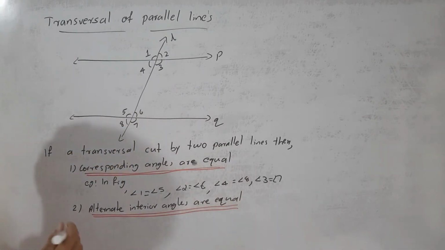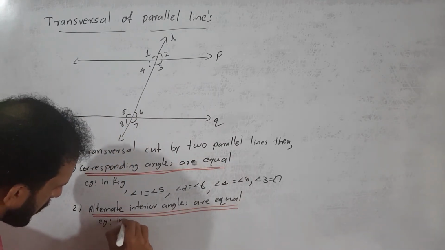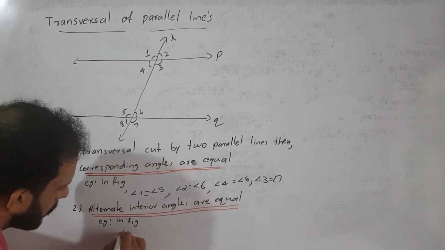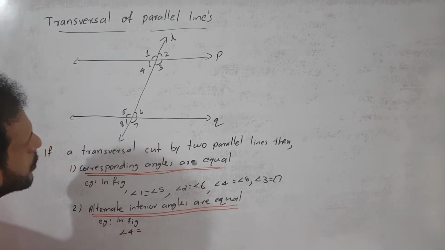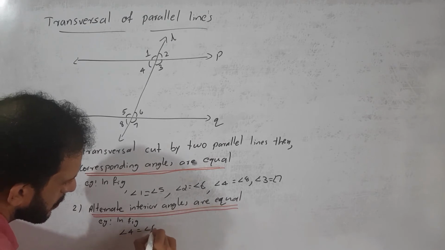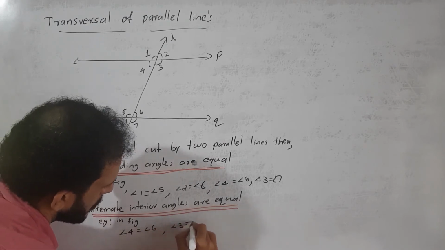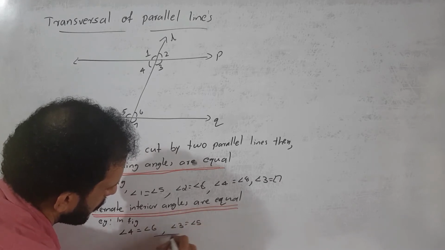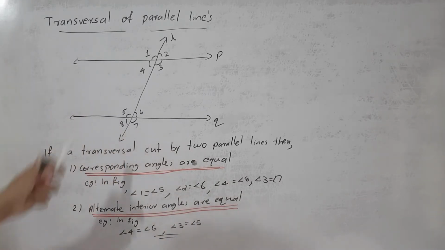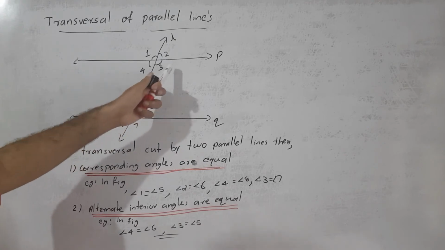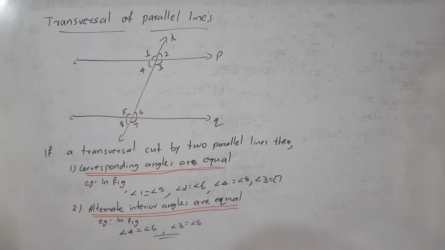Okay, example, in the figure angle 4 is equal to angle 6, angle 3 is equal to angle 5.